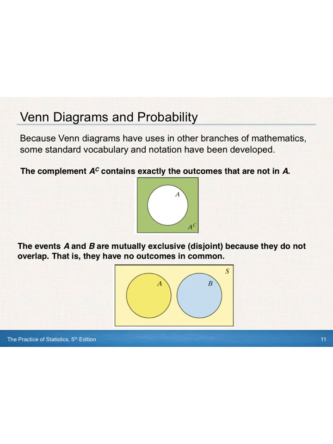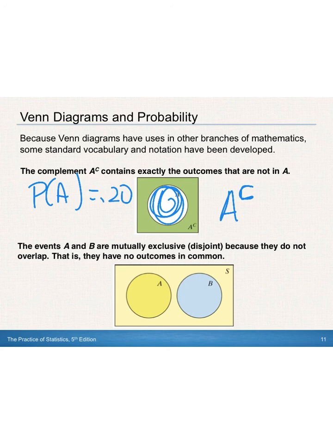Now some notation, and this is one of the things that I find most difficult about this chapter, is getting used to the notation. So A is all the things that can happen in A, and all the things that are not in A are called the complement of A. So if we know that the probability of A is 20%, then we know that the probability of the complement of A is going to be 1 minus that 20%.